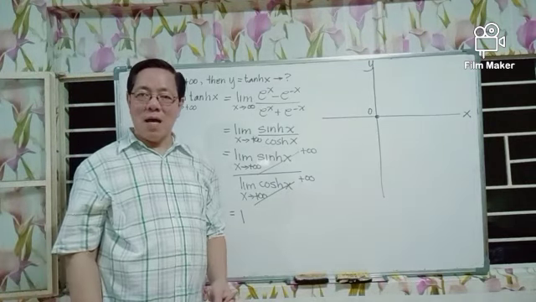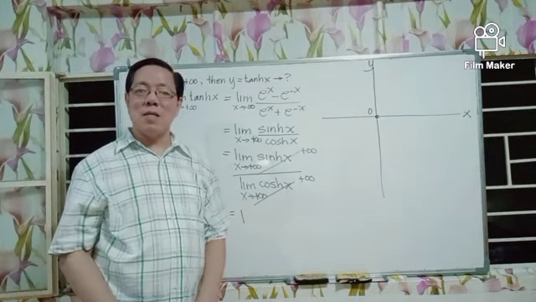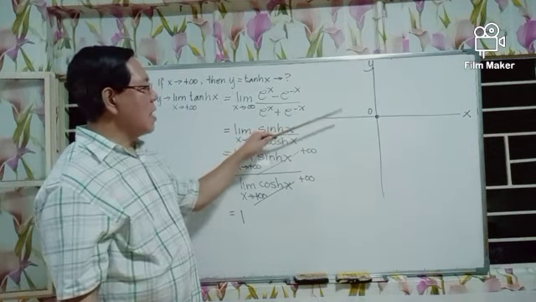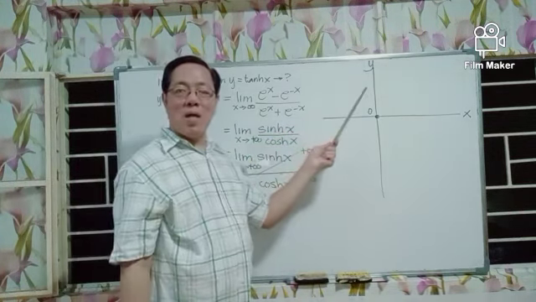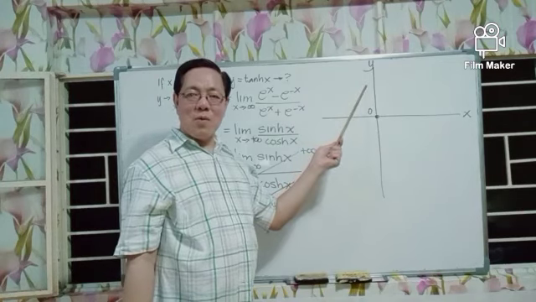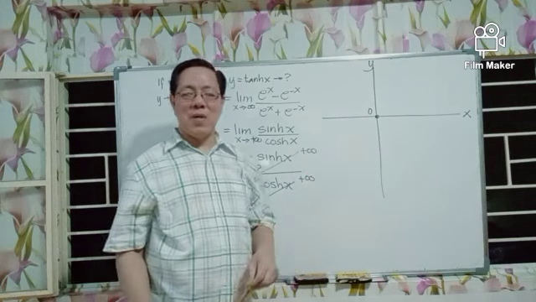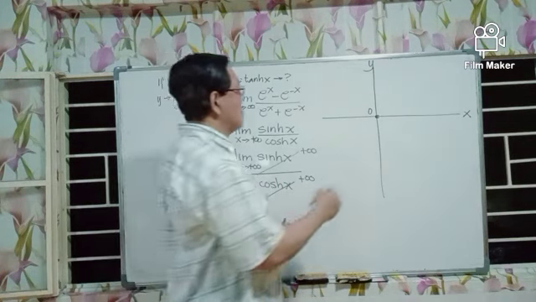And that line, y equals 1, is a horizontal line parallel with the x-axis and passing through the point y equals 1 in the y-axis or vertical axis.